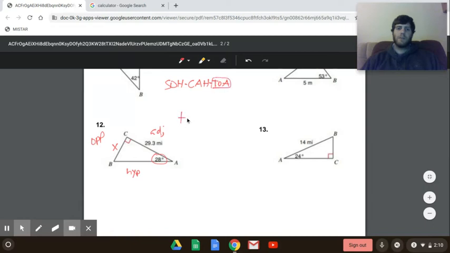So tangent of the angle, tangent of 28, is going to equal opposite over adjacent, so x over 29.3. Then multiply both sides by 29.3, so we get 29.3 times tangent 28 equals x.